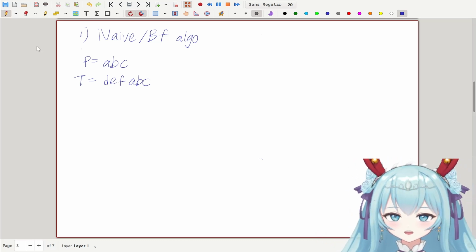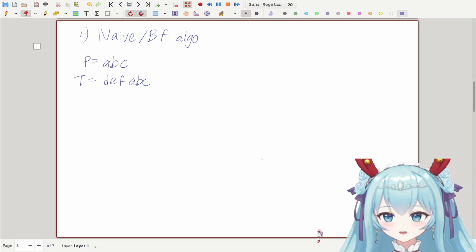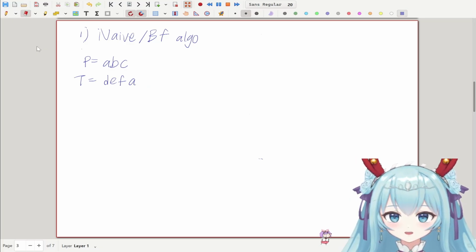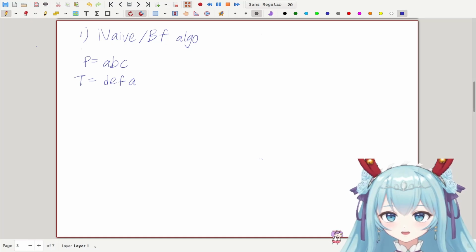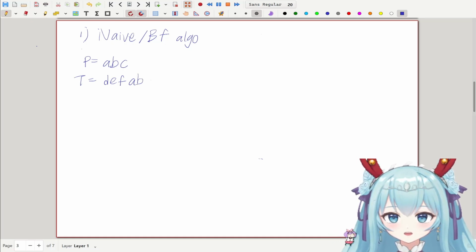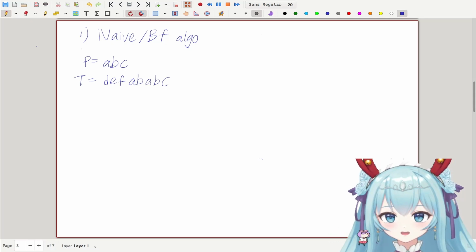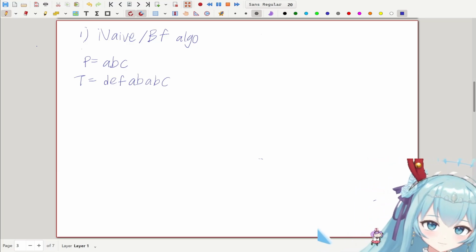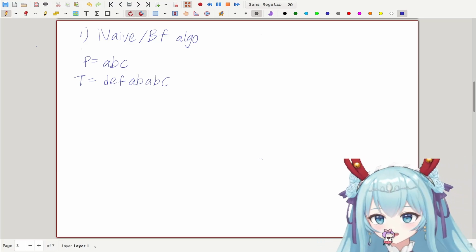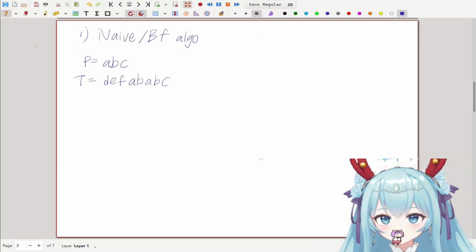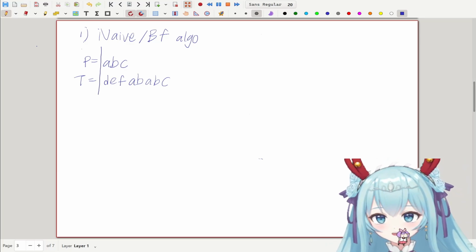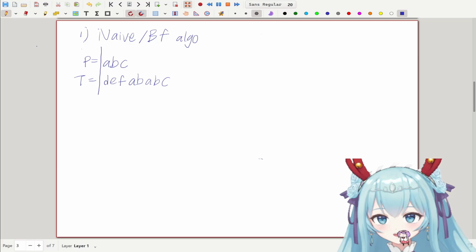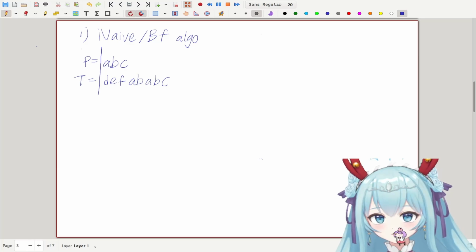Actually, let me make it a bit more complicated. Okay, let's say T is maybe something and then ABC. So what I can imagine is there is a wall to the left such that both P and T are stacked against this wall over here.